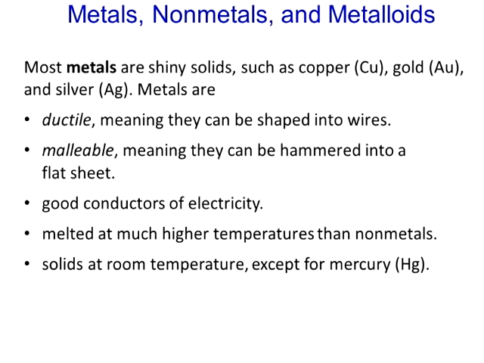They're solids at room temperature except for mercury. They have higher density because the atoms are packed in very tightly, and they're very dense. Mercury, on the other hand, is an exception to that. It is a liquid at room temperature.